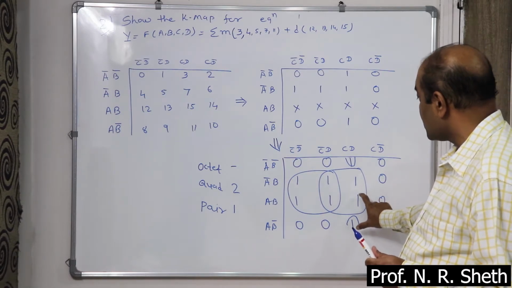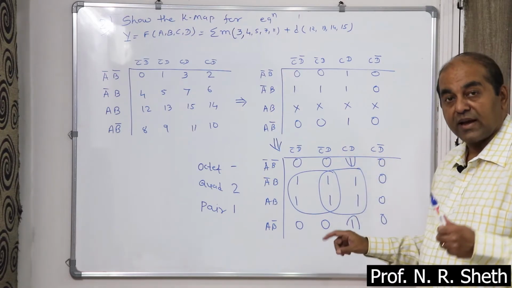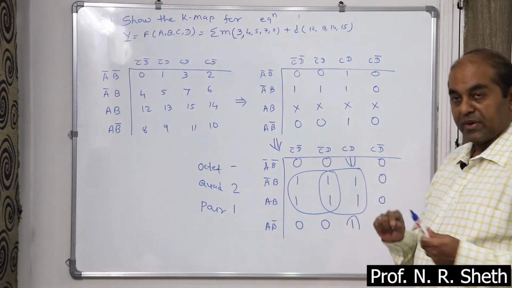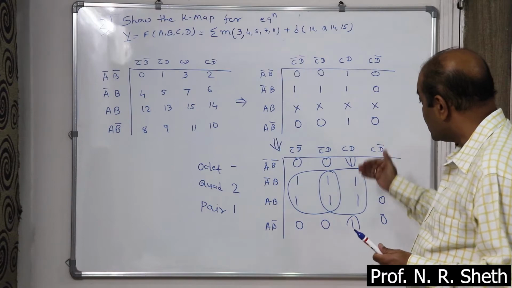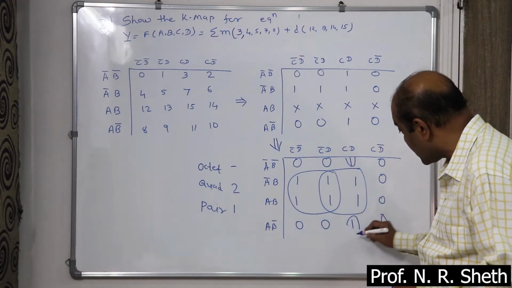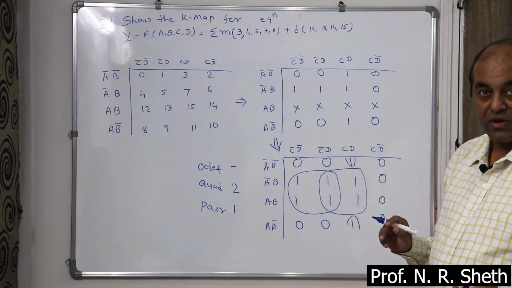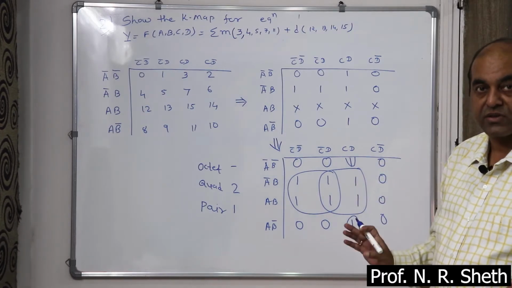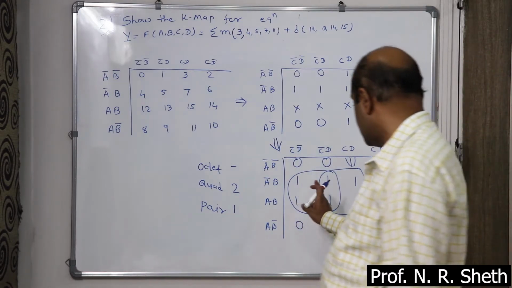In that case we used the rule or property of overlapping. Here we have to use the property of rolling, because if I use another pair here, then it is an example of a redundant group, because the pair is already used here. So it's useless. So your answer is going to change.